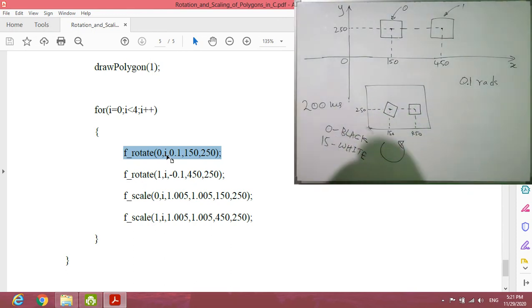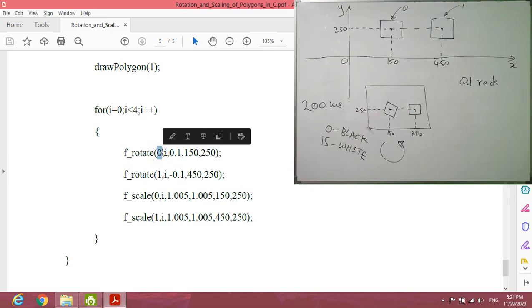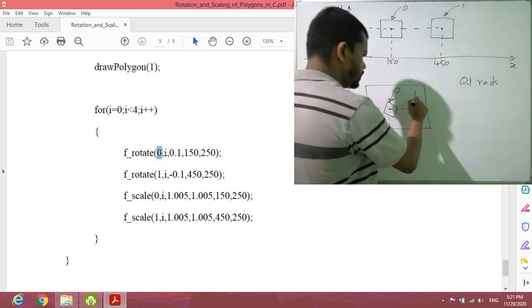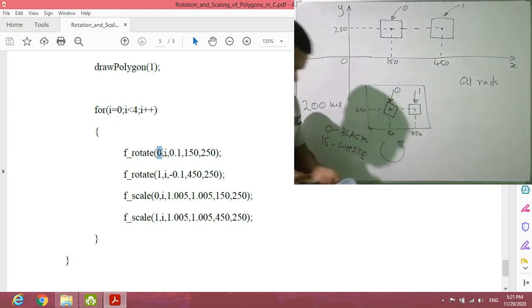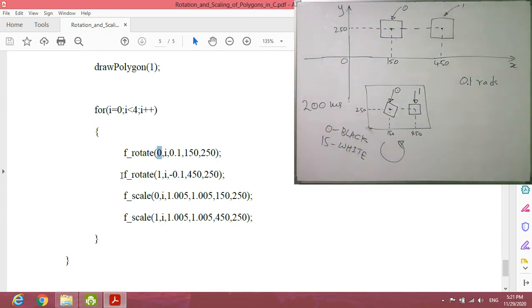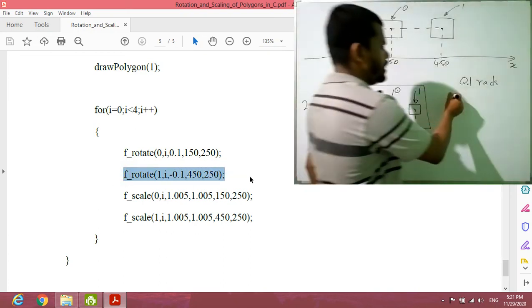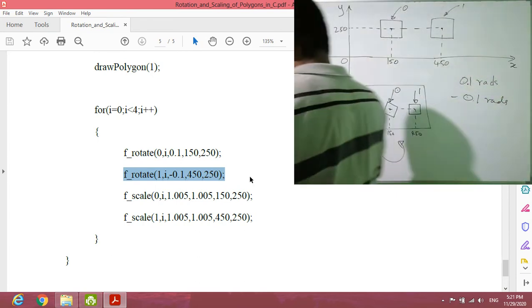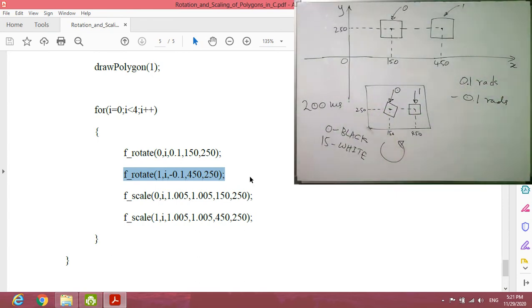Now again we consider that is our second polygon. This is the index of this one, which is 1. Now we focus on this one. Minus 0.1 radians means rotation is performed in clockwise direction.